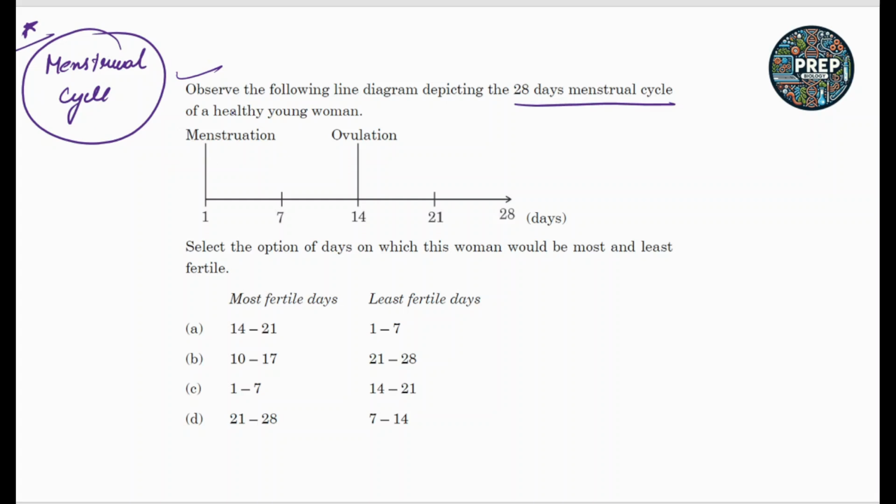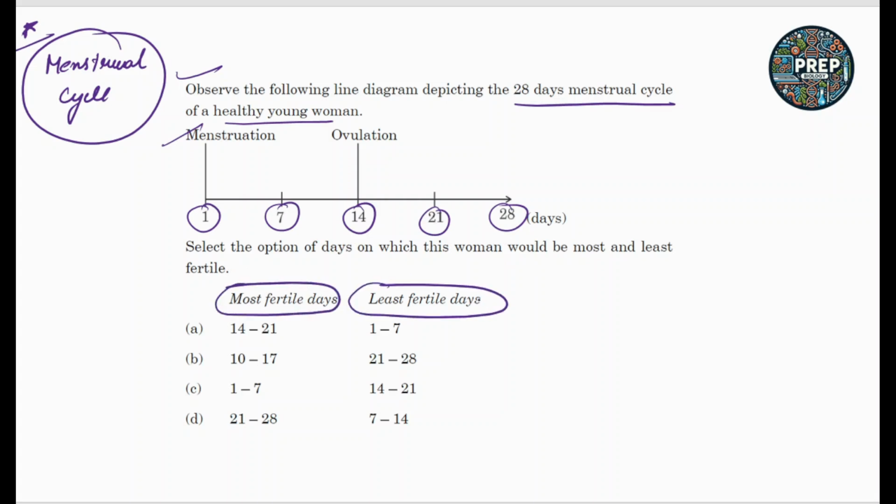So you have a healthy young woman. This is the line diagram of the menstrual cycle. We have the days given, and select the option of the days on which this woman would be most and least fertile.